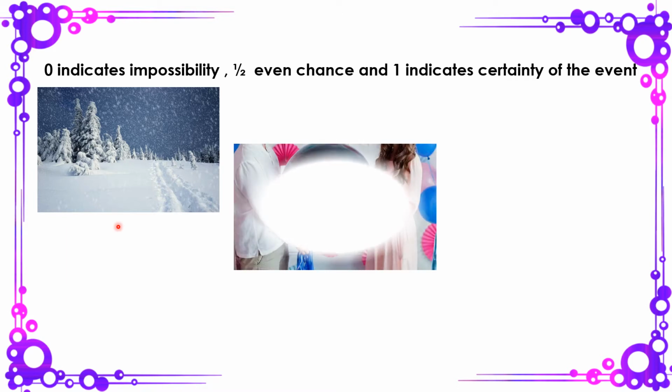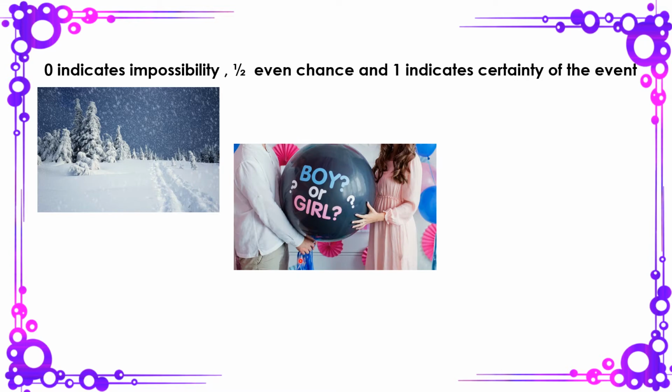Okay, next is, you see here boy or girl, or it is a gender reveal. So if you see a woman carrying or she is pregnant, so the possibility that her baby is a boy or a girl is an even chance, or 1/2.